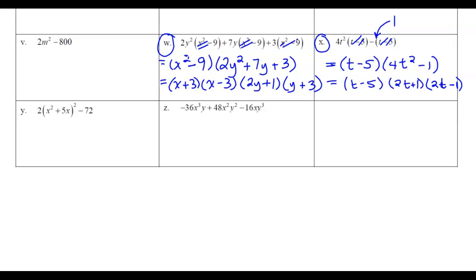And then I think we're going to do this y here. Okay, so in y, it's really two terms.